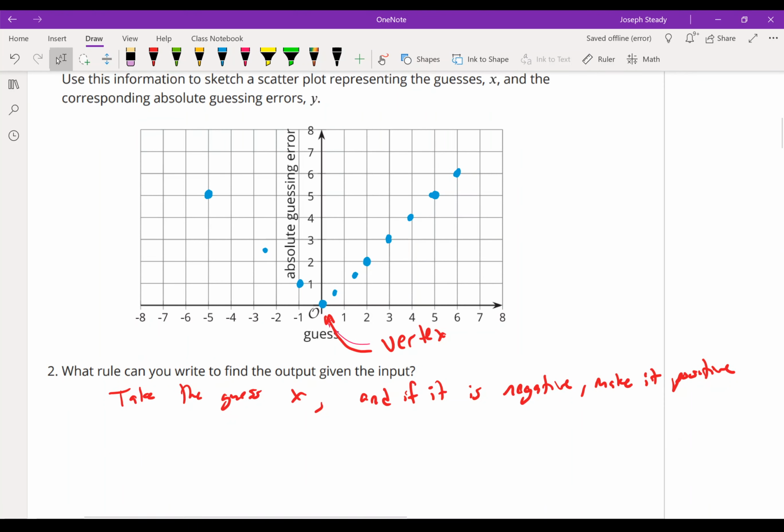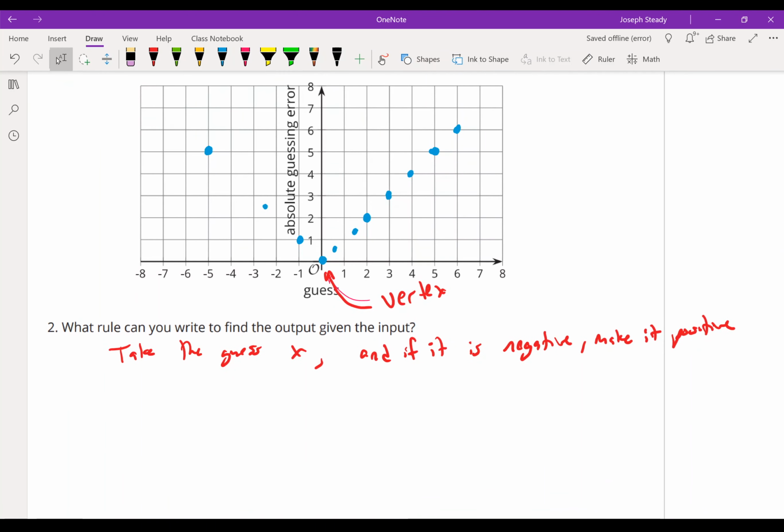Another way to think about this rule is you can find how far from 0 the guess x is. That's another way to think about this rule that we're doing here.